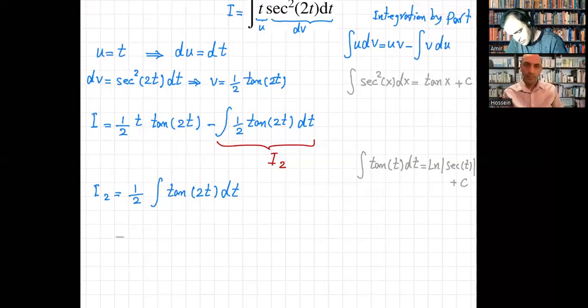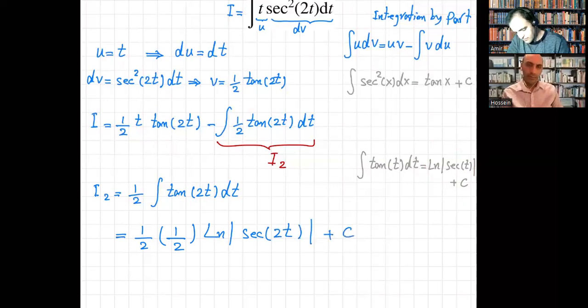Let me change the color here. 1/2, the inverse of this one, 1/2 times ln of secant of 2t plus constant.